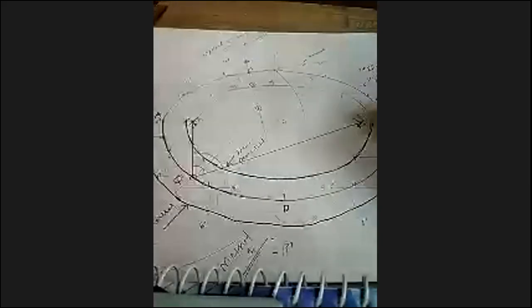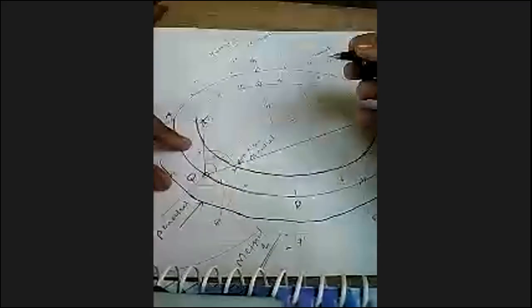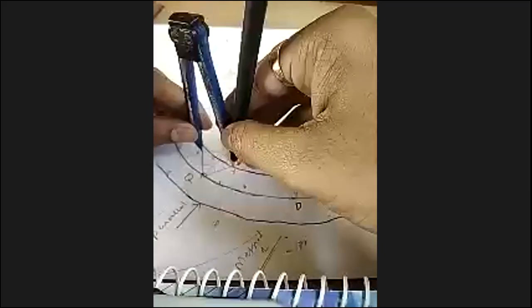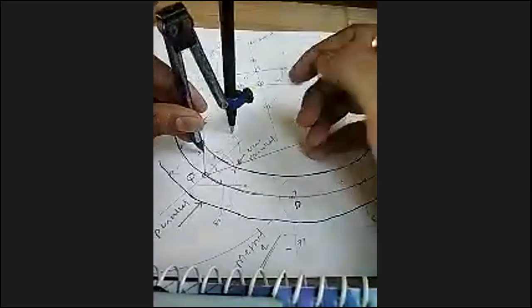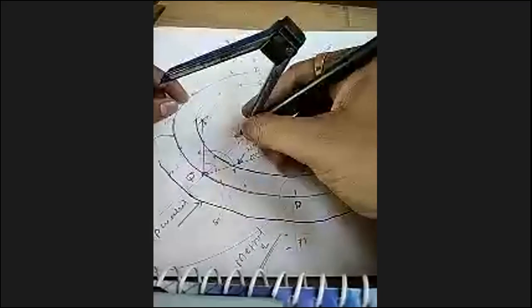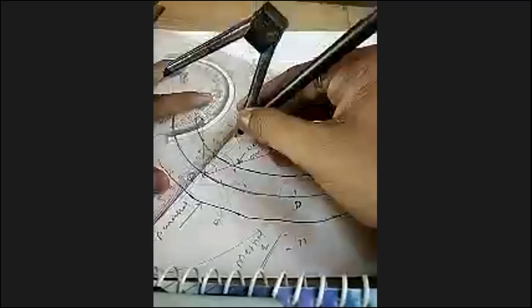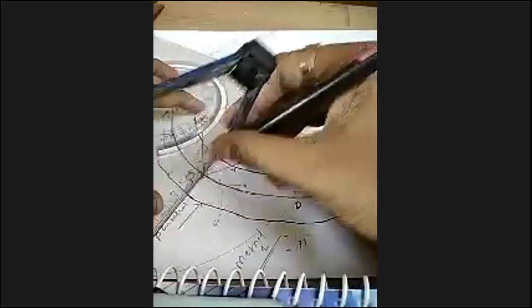We'll get two points, X and Y. Now with this radius, draw an arc from X, and the same radius from Y. We will get an intersection point here. Now join that point with Q like this.